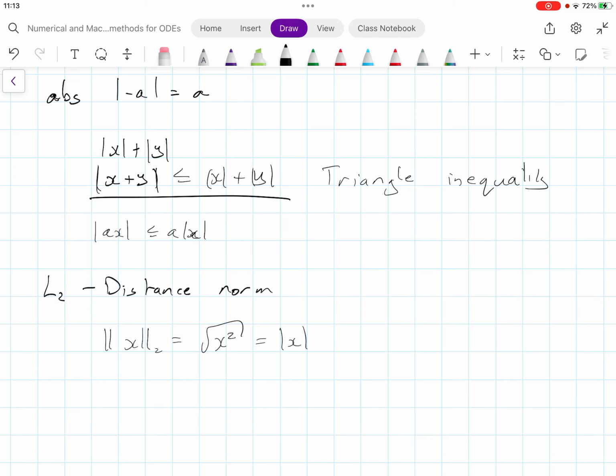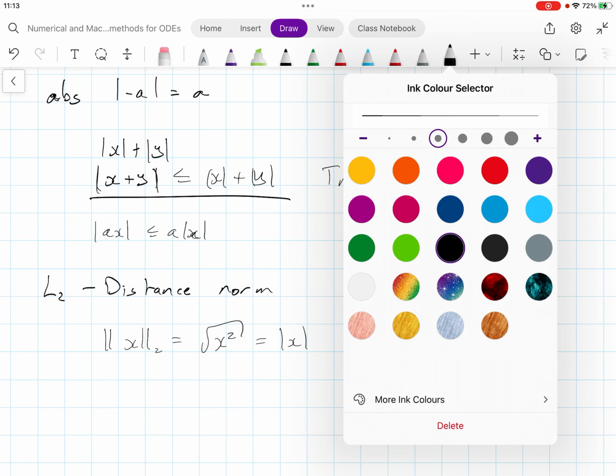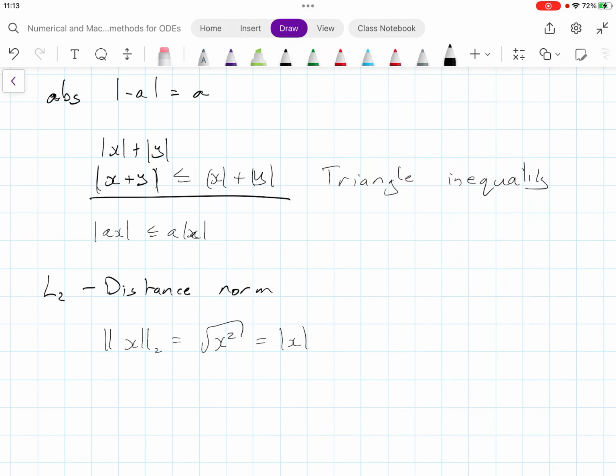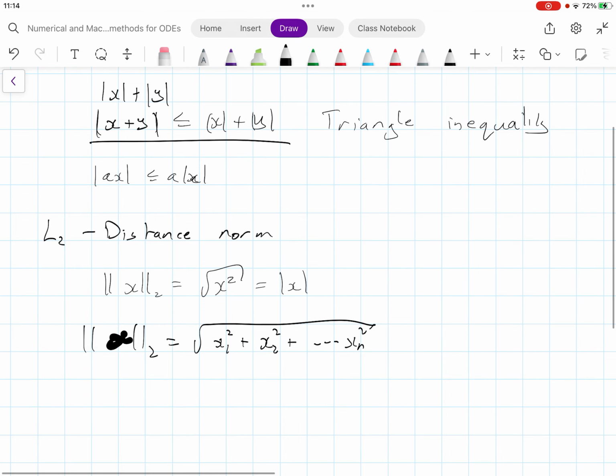So in the vector form, the bold form of it, you have some vector x. The L2 norm would be the square root of x1 squared plus x2 squared all the way to xn squared if it's some vector. So you can see the distance norm, the Euclidean norm as it goes. You can also see it written like that.